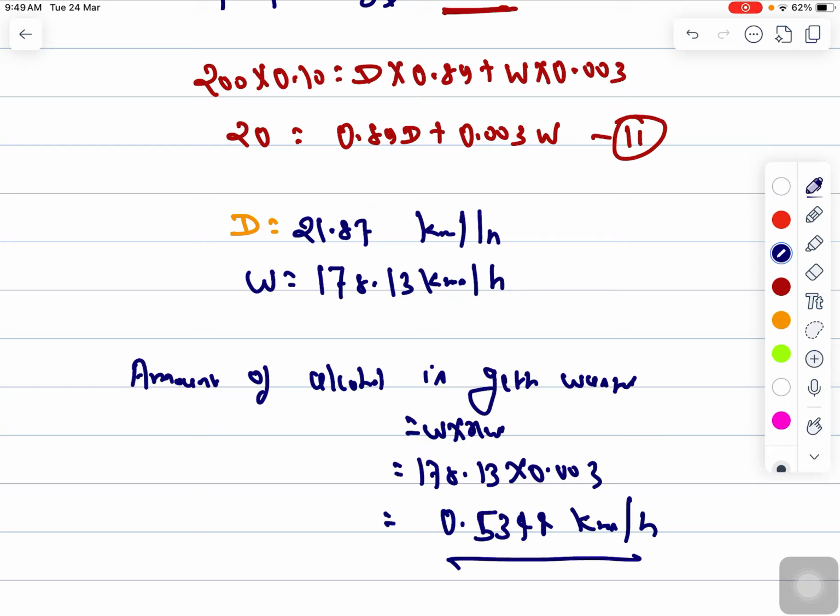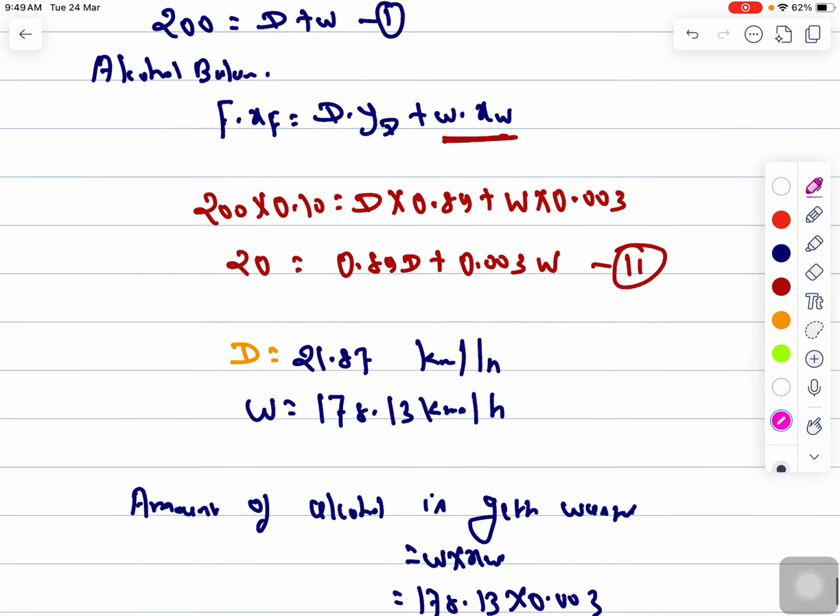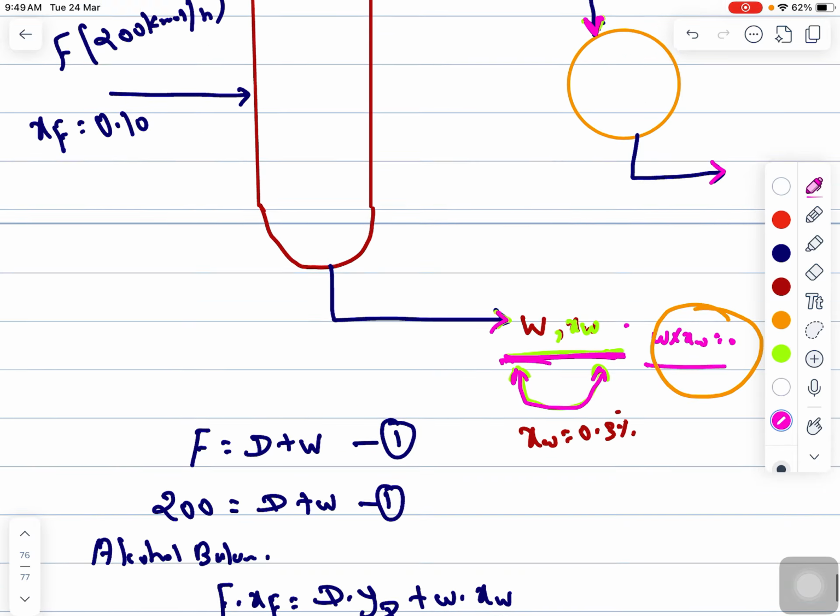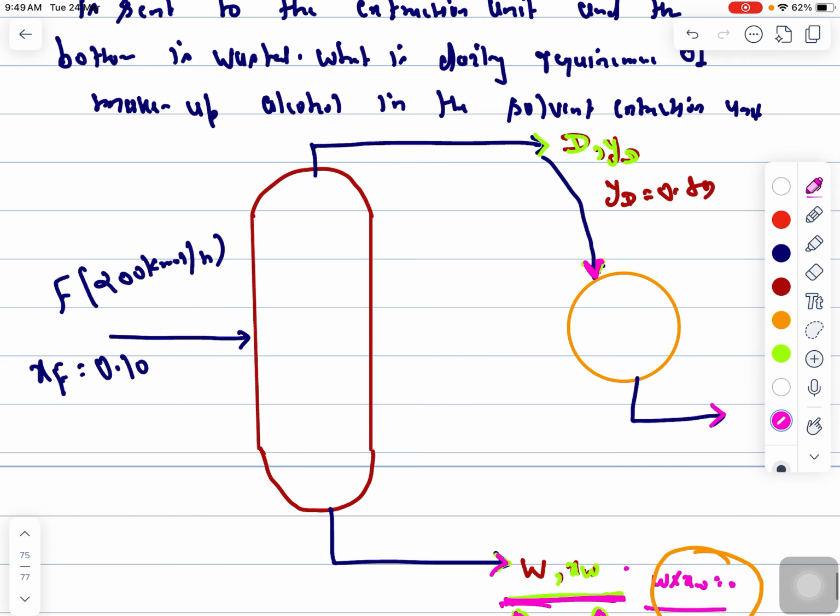That much alcohol is getting wasted in the bottom product of the distillation unit, and you don't want it wasted, because then you have to supply an extra 0.533 kilomole per hour of alcohol in this extraction unit to perform the extraction operation, to separate some amount of solute using alcohol as a solvent.